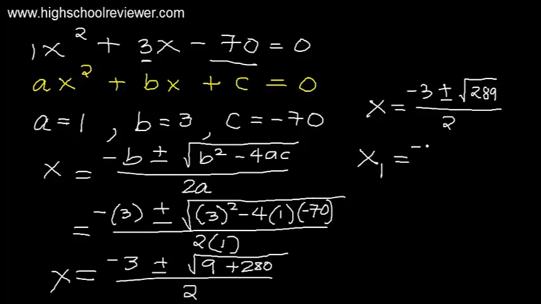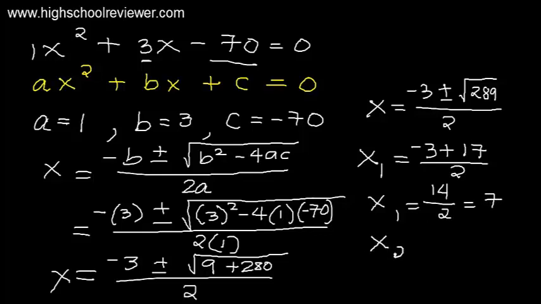So our x sub 1 will be negative 3 plus the square root of 289, which is positive 17, divided by 2. So our x sub 1 will be negative 3 plus 17, this is positive 14 divided by 2, this will be equal to positive 7. So our x sub 1 is positive 7.